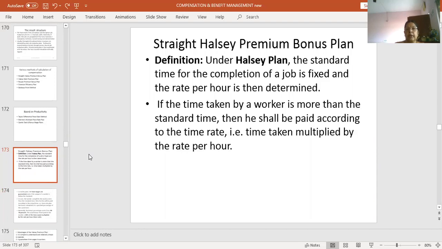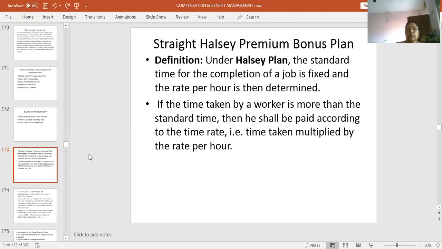So we see straight Halsey premium bonus plan. Here the standard time is fixed to complete a job, and based on that standard time, the wage rate per hour is determined.